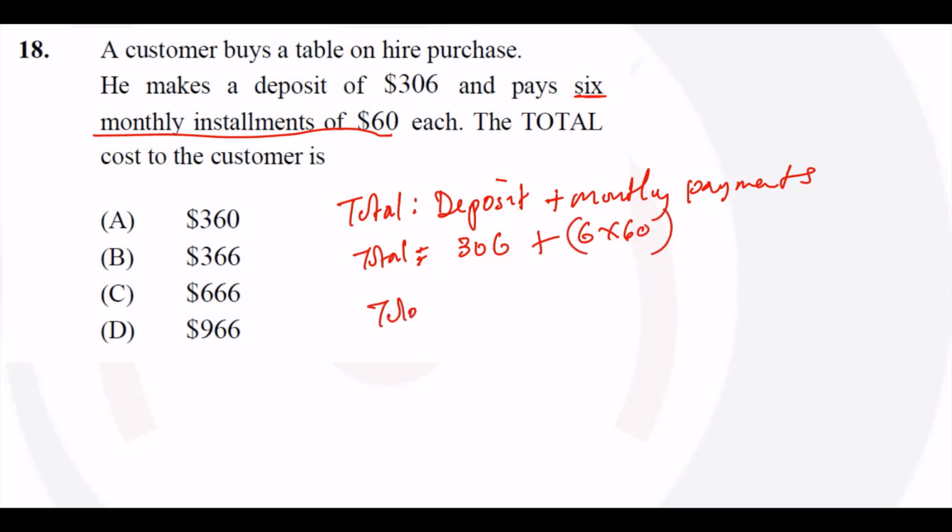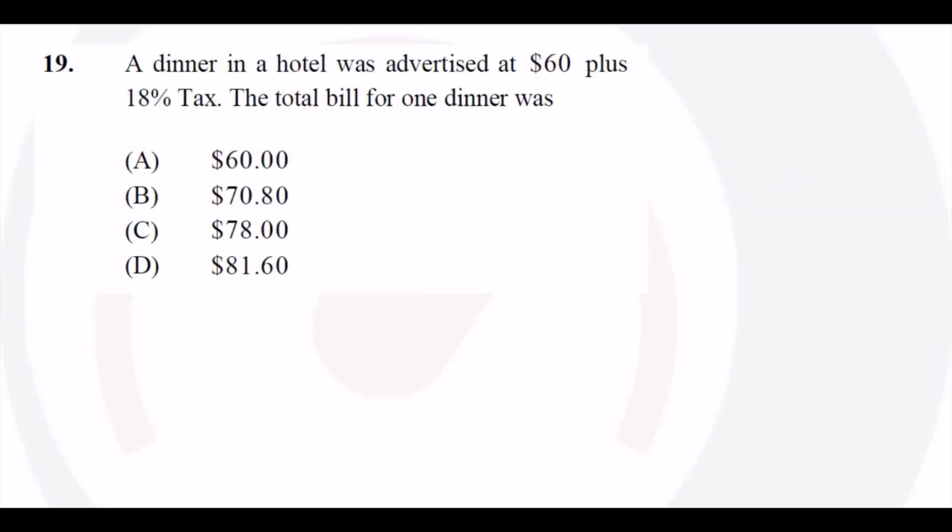So the total is 306 plus 360. 6 plus 0 is 6, 0 plus 6 is 6, and 3 plus 3 is 6. So the total is going to be $666. C. Question 19. A dinner in a hotel was advertised at $60 plus 18% tax.